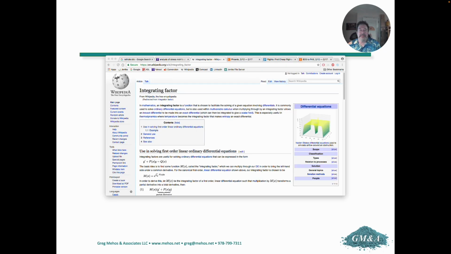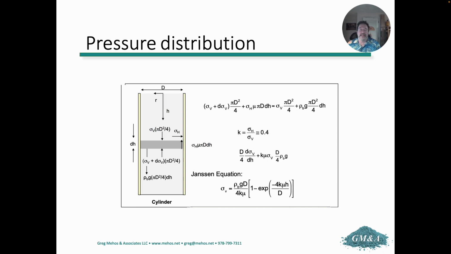You just go to Wikipedia, remember the formula for an integrating factor, and you're on your way, and you can come up with what's called the Janssen equation, which tells you that the solid stress in the vertical direction in a cylinder is equal to the bulk density times g times the hydraulic radius divided by the stress ratio K, roughly 0.4, divided by the friction coefficient, times this odd term that has an exponential in it.